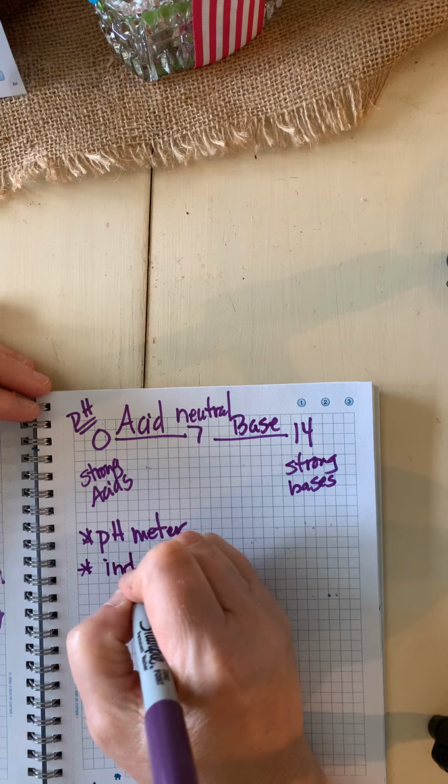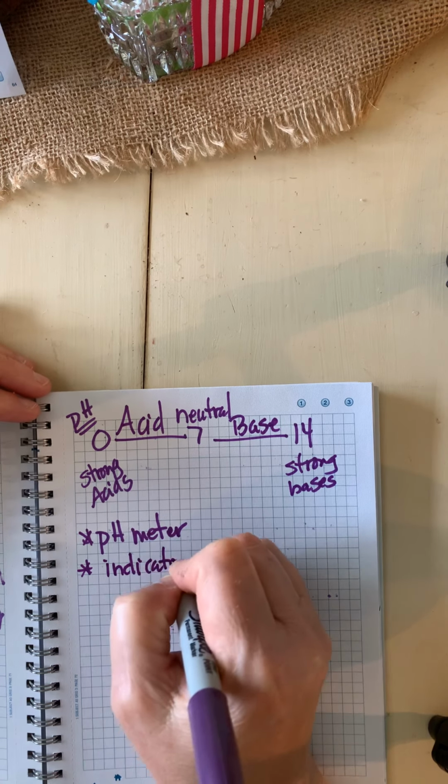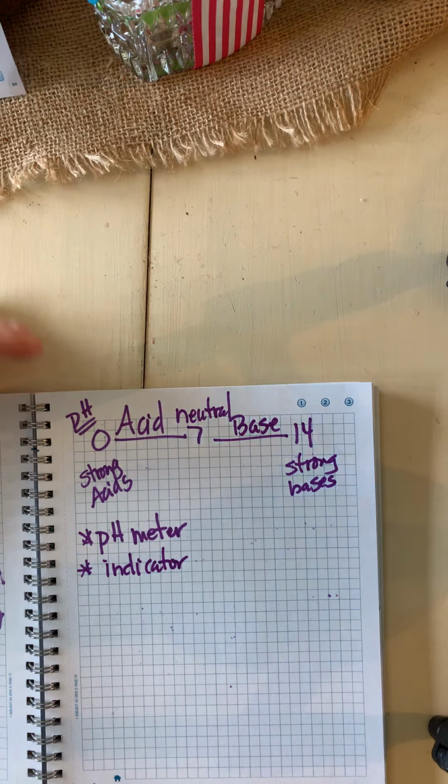Now, we don't always have a pH meter handy to measure those. And so another way that we figure out whether something's acidic or basic or neutral is by using something called an indicator. And indicators can be man-made, they can be synthetic, or they can also be natural. And so in the alien juice bar, you were using red cabbage juice as an indicator.